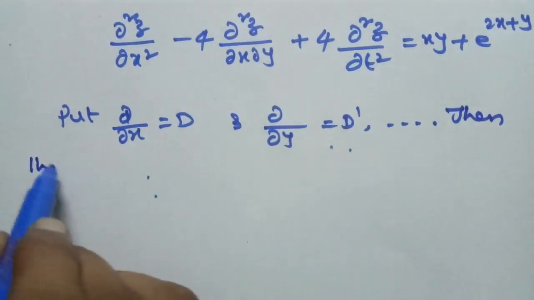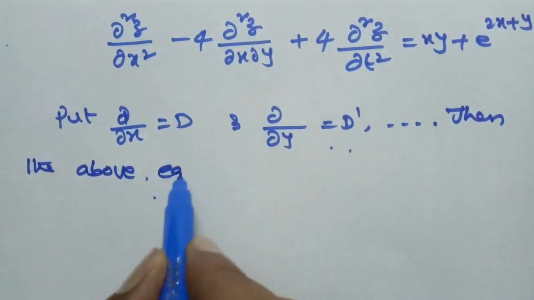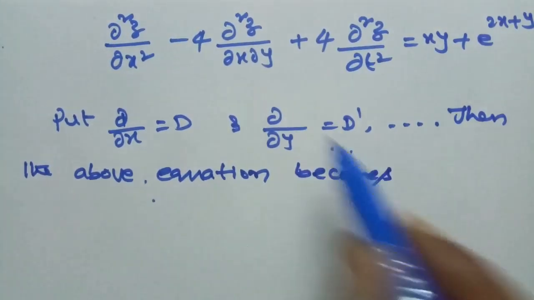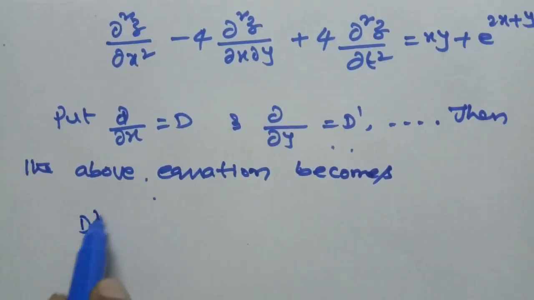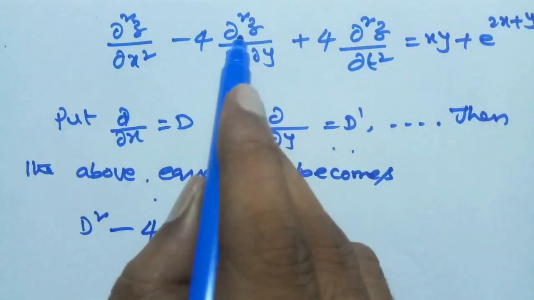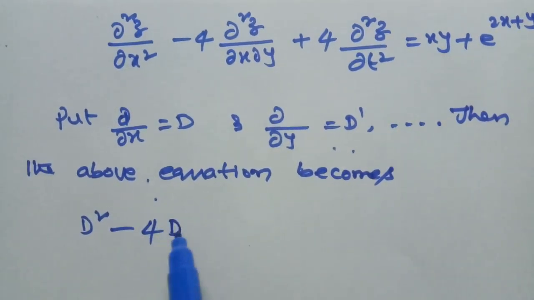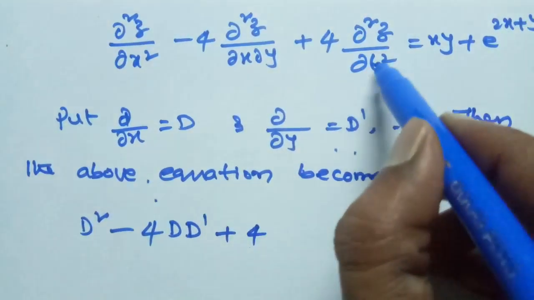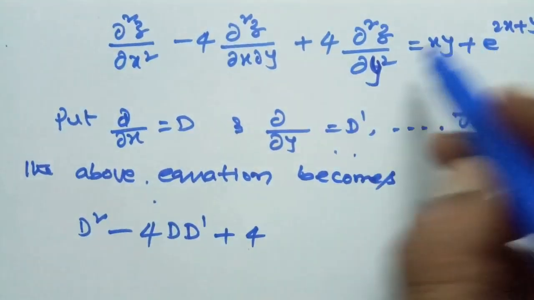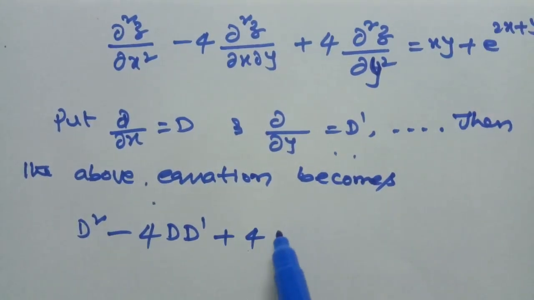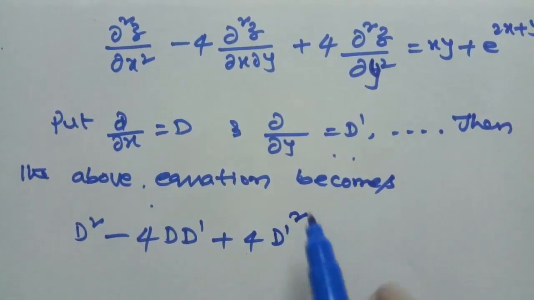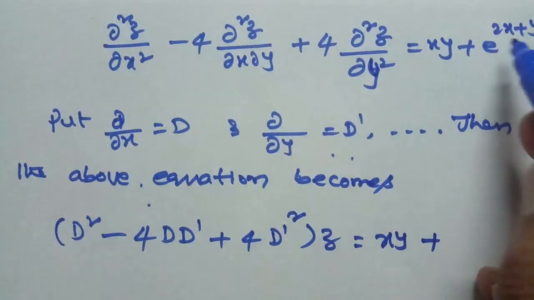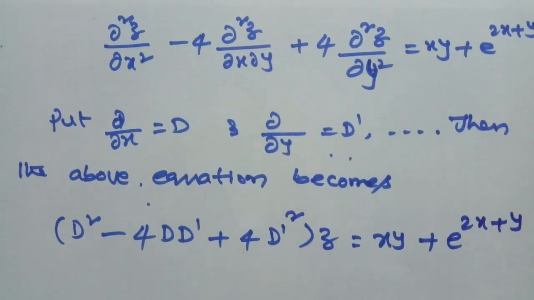Then the above equation becomes ∂²z/∂x², that is D², minus 4 ∂²z/∂x∂y, with respect to x is D, with respect to y is D', plus 4 ∂²z/∂y², that is (D')² into z, is equal to the right hand side, xy plus e^(2x+y).